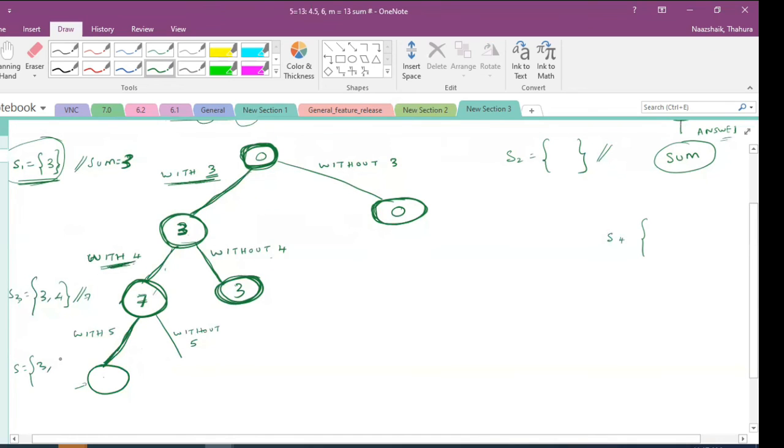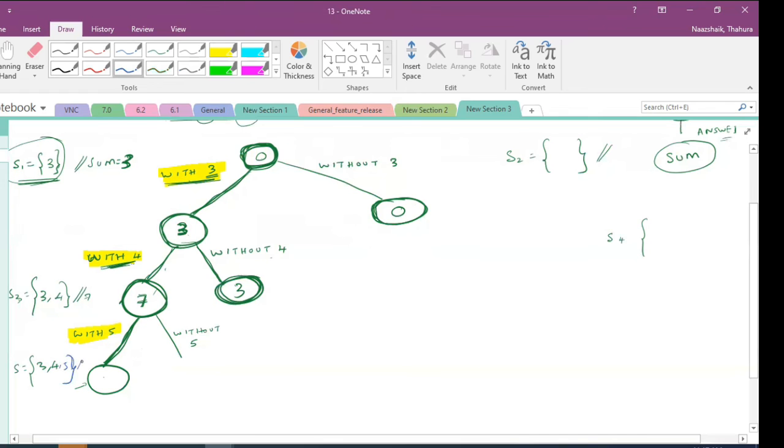Then it had 4. You need to be very careful. You should not see the vertex value. Then 5. So don't get confused. You had 3, you had 4, and you had 5.